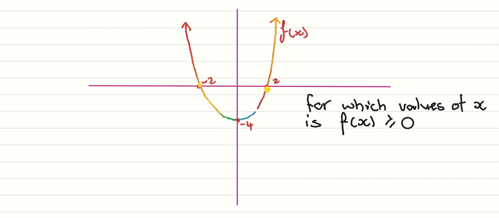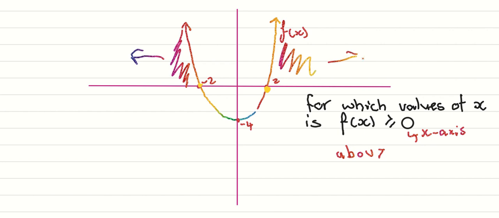Another question could be, for which values of x is f of x greater than 0? Again, there's no other function here, so this is referring to the x-axis. Where's your graph above the x-axis? That happens all the way on here towards the left, and over here going towards the right. Your two solutions would be this section here from -2 to the left, and this section here from 2 onwards.